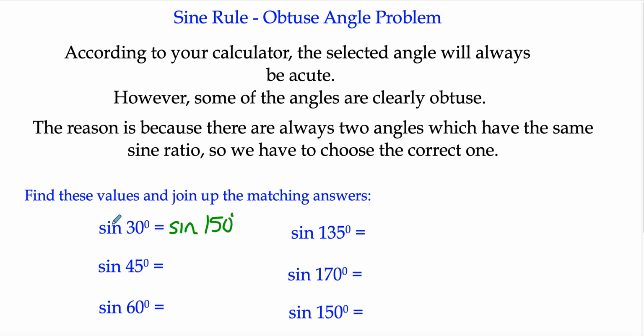If you want to take your calculator and check the values for both of these, you'll find they're exactly the same. The sine of 45 is therefore equal to the sine of whatever number you get, and you can do it in your head, or you can do a calculation, whatever. 180 take away 45 is going to be 135 degrees.